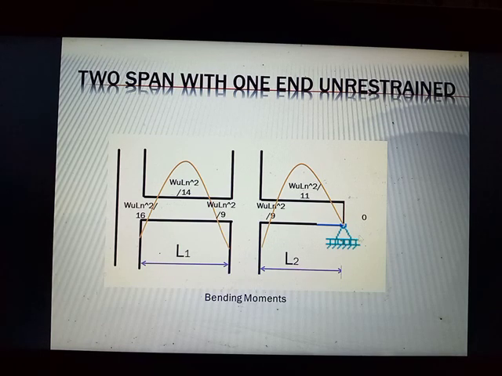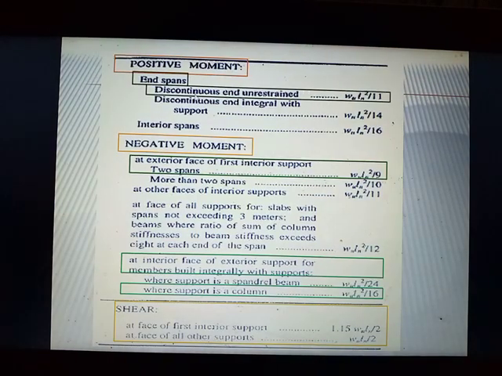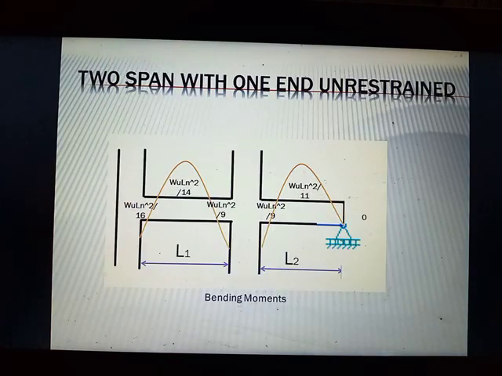Since this is a roller, it could not absorb any moments, so for an unrestrained end, it should have zero moment. And since we have a new rule for discontinuous and unrestrained, the positive moment at that side should be WLn squared over 11.